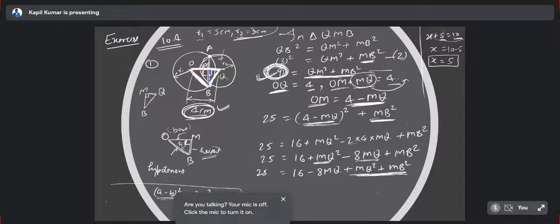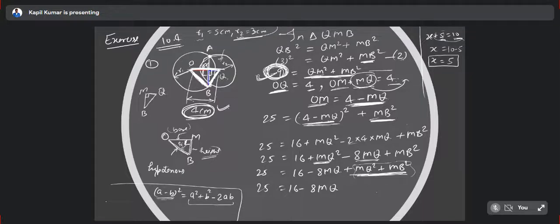So in place of this whole expression, we can put simply 9. So it is 25 is equal to 16 minus 8 MQ plus 9, right? And what is 16 plus 9? It is 25. So it becomes 25 is equal to 25 minus 8 MQ.